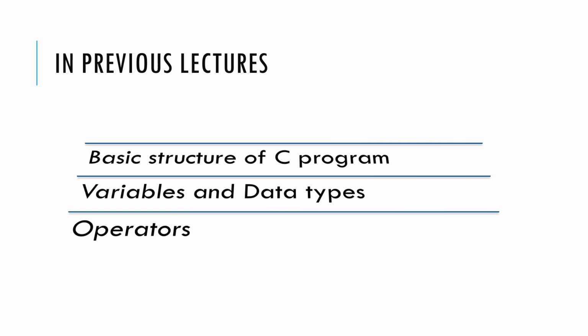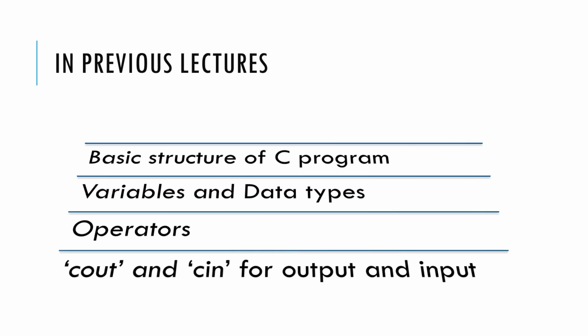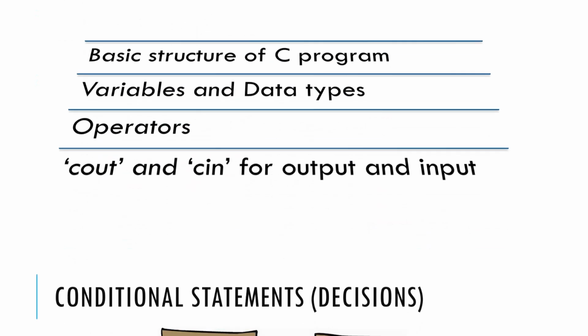And then we talked about the operators, and specifically about the modulus and division operators, and how they could be used in different kinds of logical problems. And then we talked about the output and input statements, cout and cin, and we talked at great depth about cout and different ways of writing it, and how to insert new lines using cout.